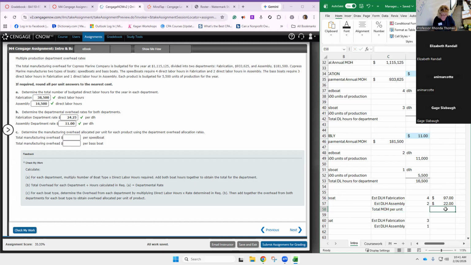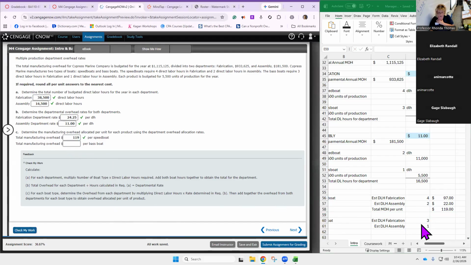So you add both of those together and I get $119 of manufacturing overhead for every speedboat. Let me see if I'm even close. I may have missed something, but here we are.